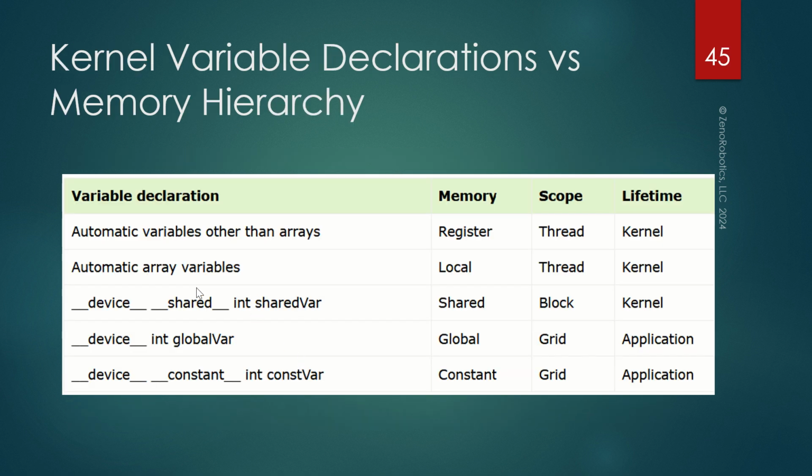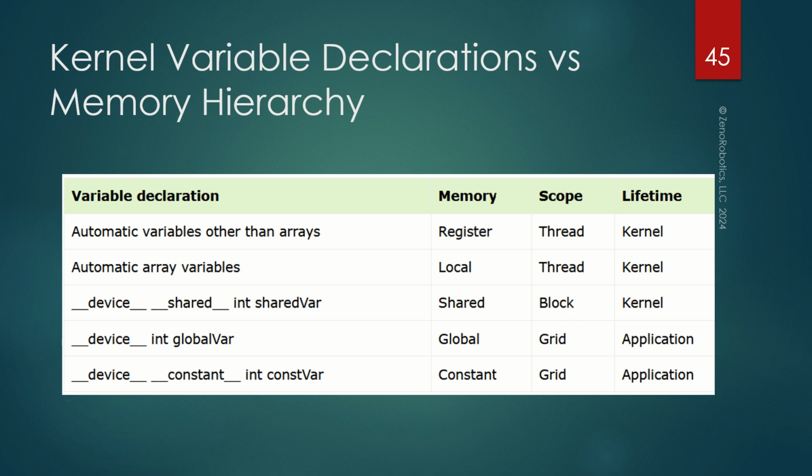And so if you have any kind of variables you declare within that kernel, then it will typically go by default into a register, and the scope of it is just for the thread, and it's there for the lifetime of the kernel.